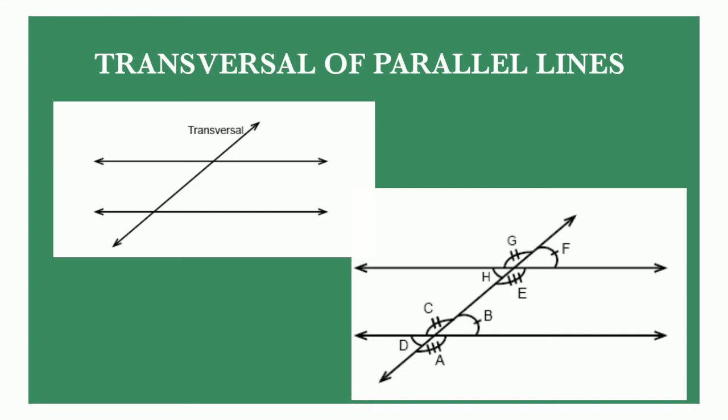In this way, these 8 angles have some peculiarities. What are the peculiarities in the angles? Okay. These properties hold only for parallel lines cut by a transversal.